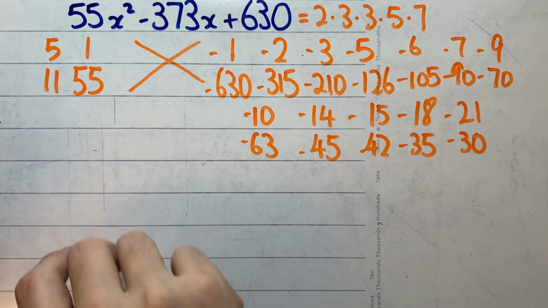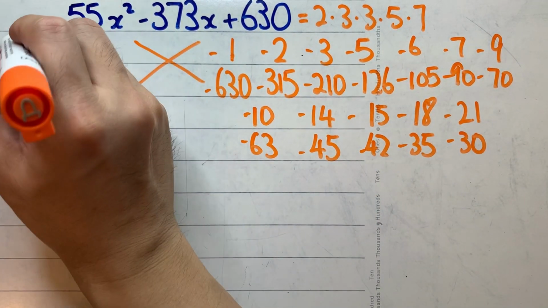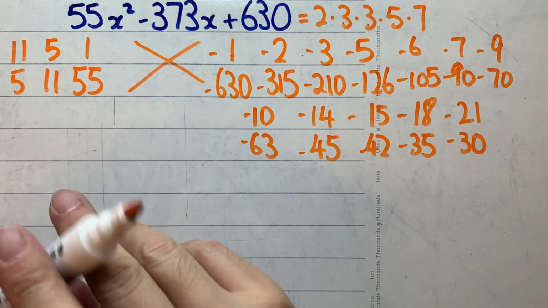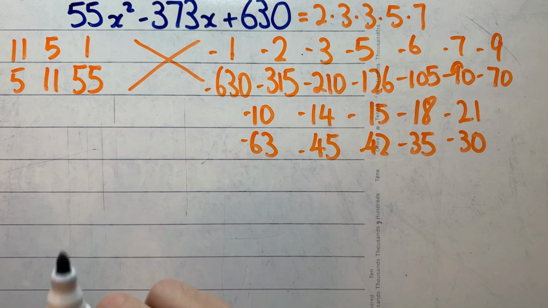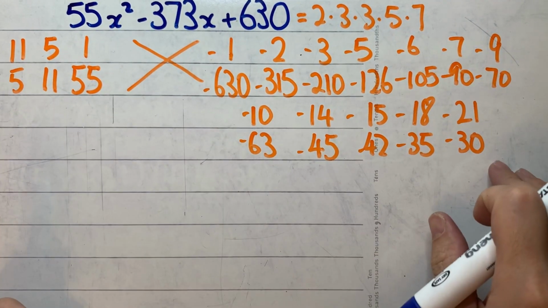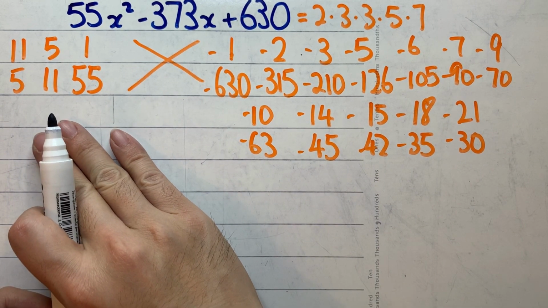In case we run out of pairs, we can try 11 and 5 because that's also a pair of factors of 55. We're not going to flip this list upside down because if we flip one side, we don't flip the other side. We always pick the shorter side to flip in case we run out of pairs of factors.